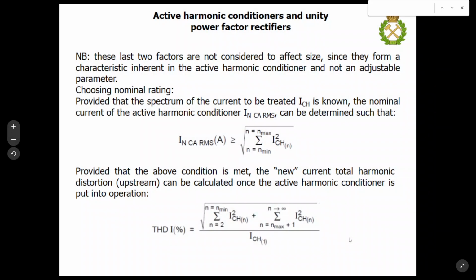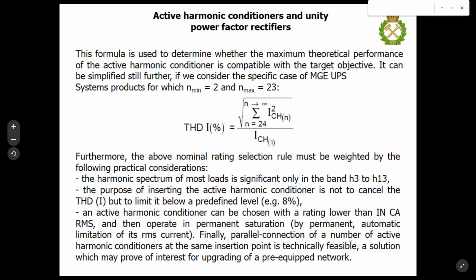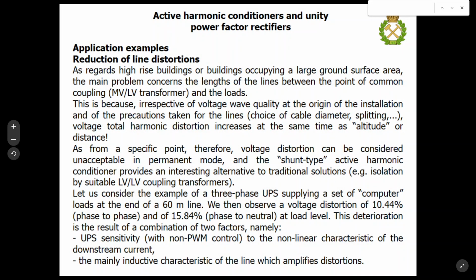Also, we should take into account the level of total harmonic distortion with and without such filter. And also we should take into account the residual level of total harmonic distortion for current and for voltage.